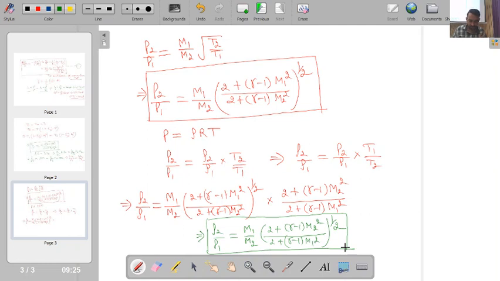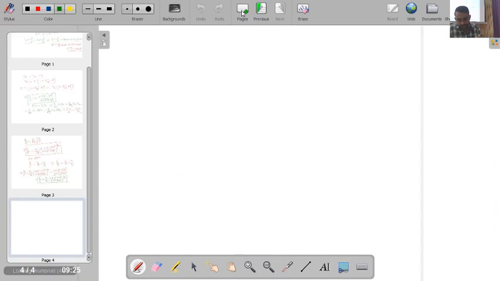Okay, so now only one parameter is left which we need to determine, and that particular parameter is nothing but our stagnation pressure, because stagnation temperature is remaining constant. So we know that stagnation pressure by P is equal to 1 plus gamma minus 1 by 2 M square, whole power gamma by gamma minus 1.